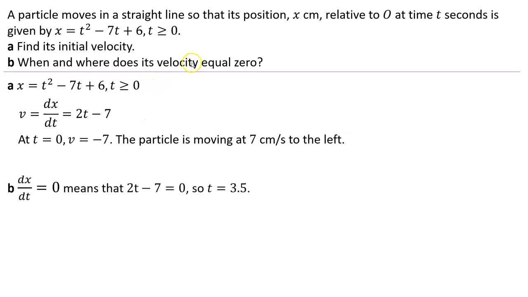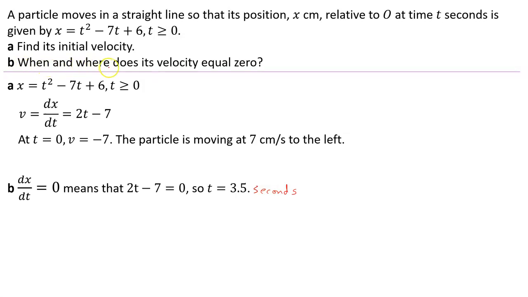To find when the velocity equals 0, that means that the dx by dt, or just v, is equal to 0. So I can use this expression that I found, I set it equal to 0, and I solve for t. What I should have done is included my units. So I should have written t equals 3.5 seconds. That's the when part.